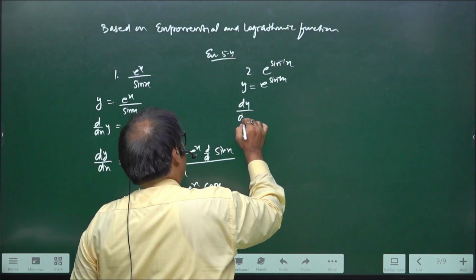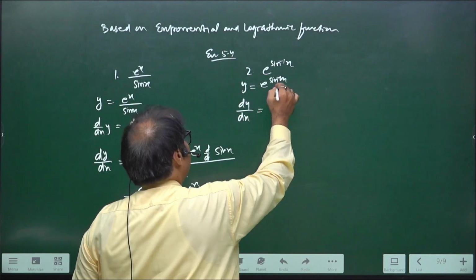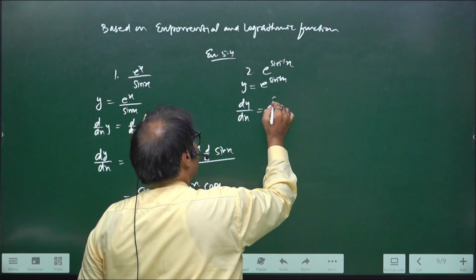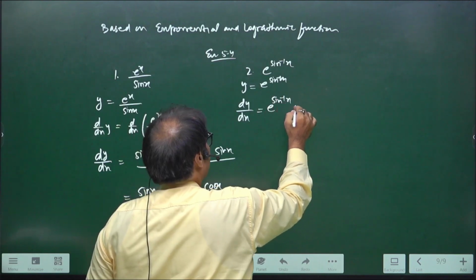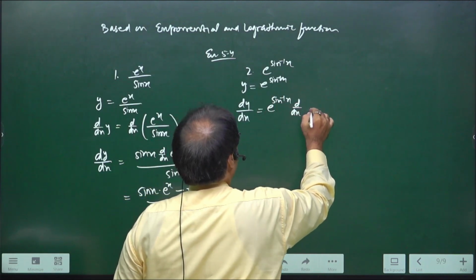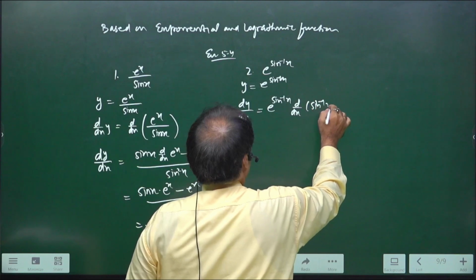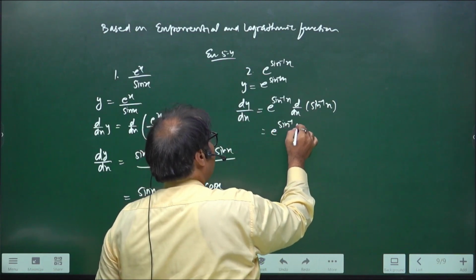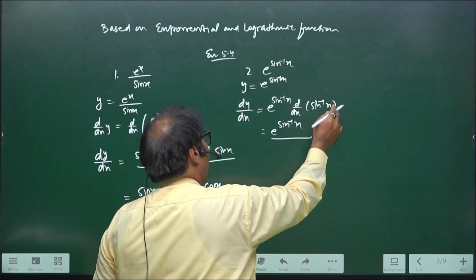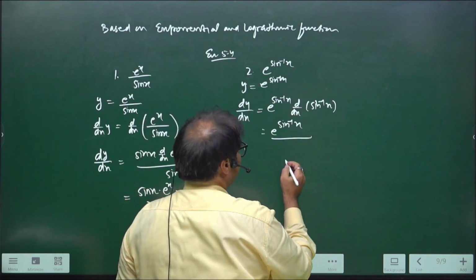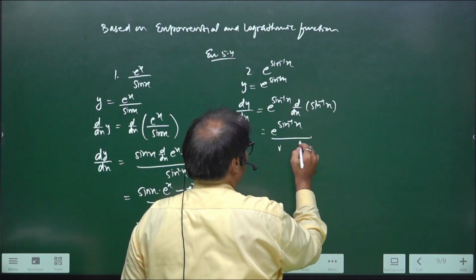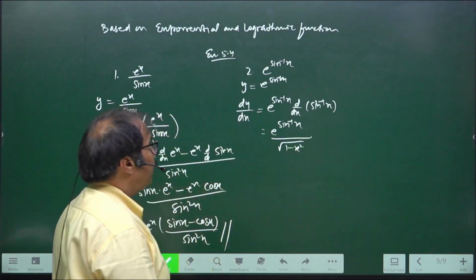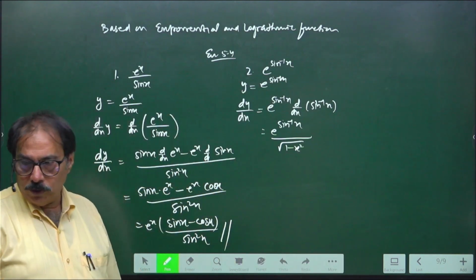The derivative of y, dy by dx, is the derivative of e to the power sin inverse x, which means e to the power sin inverse x, and lastly d by dx of sin inverse x. So finally it is e to the power sin inverse x multiplied by the derivative of sin inverse x, which is 1 upon root over 1 minus x square. So this is the answer of question number 2.